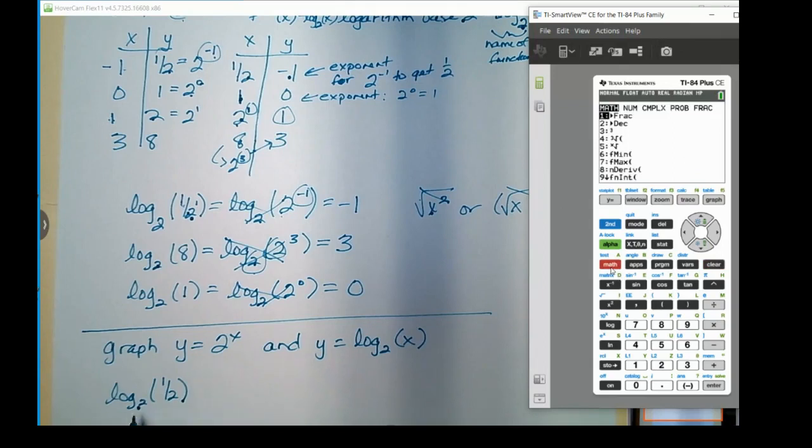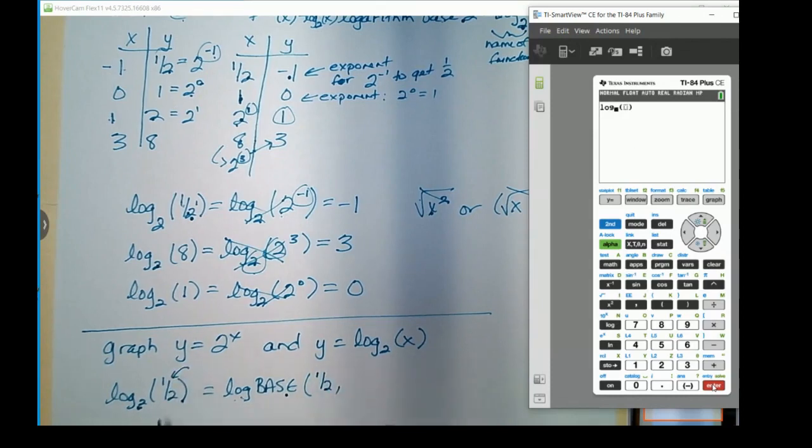So if you want to find the way to do this on your calculator, press your math button and go all the way down to the bottom of this screen. If you have this log base function at the bottom, then that's what you can use for this. What this looks like also depends on what model of calculator you have. If you have an older but not too old model of calculator, this will come up on your screen, and in that case, you have to put in the input value first.